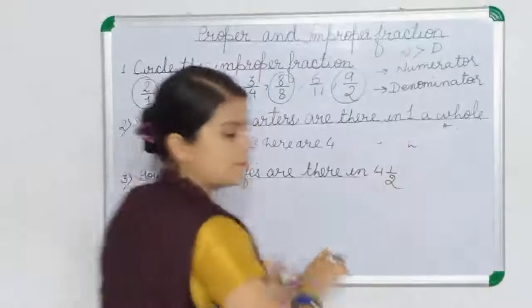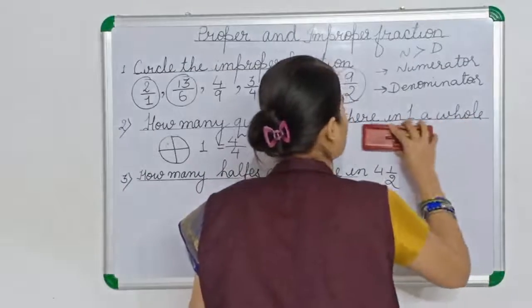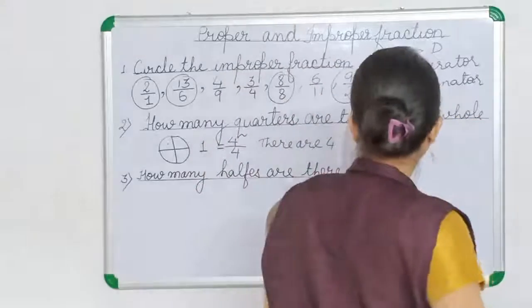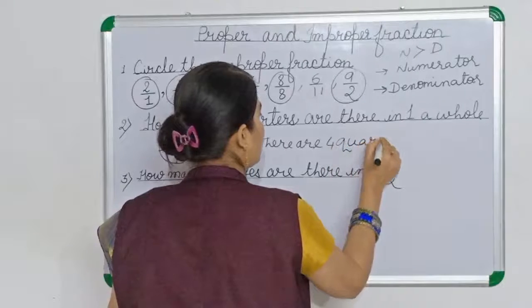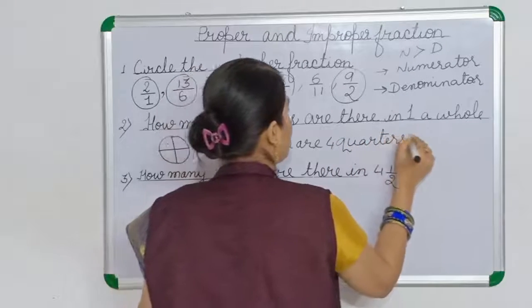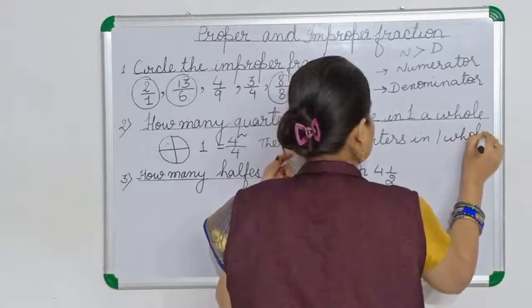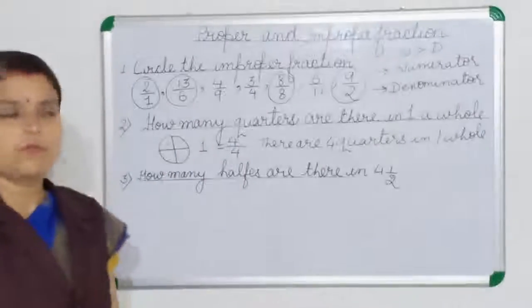Okay. So how many quarters are there? There are 4 quarters in one whole.